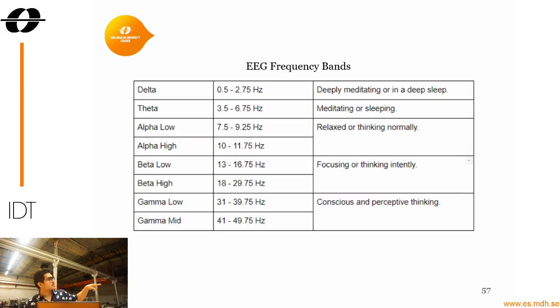So here in this table, we can see the frequency bands, and the ones we needed for our purpose was alpha and beta, more in between 8 hertz to 20 hertz. And we had two features per channel, which was the mean of alpha and the mean of beta.